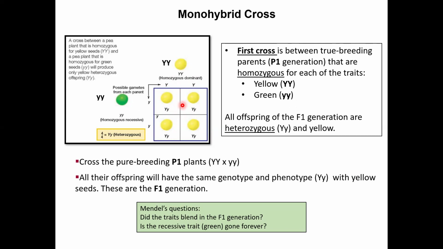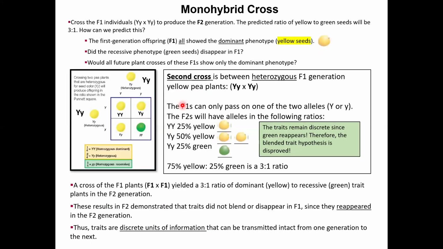And Mendel was like, wait, did these traits blend in the first generation? Or is the recessive gene or trait gone forever? So he took that idea into a second cross between the first generation pea plants, both of them the yellow ones, and he saw a 3-to-1 ratio in phenotype.